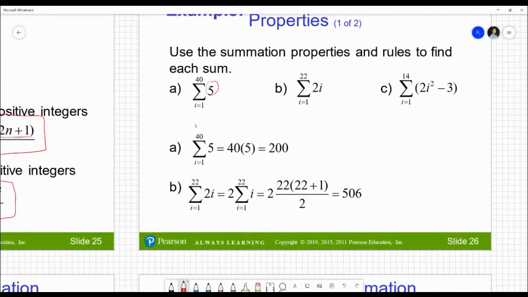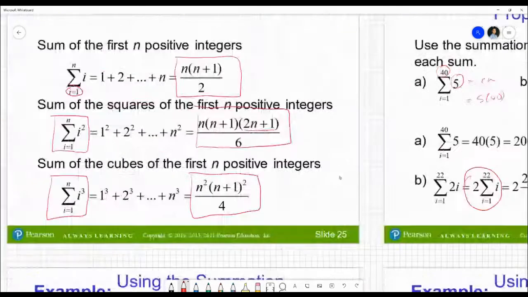So here you have just a constant. You have 40 here, so all you have to do is just take the constant times n, so c times n. My c here is 5, my n here is 40, so you get 200. And then the 2 here, you can factor out the 2, just like they did here, and then you evaluate by using the rule over here.